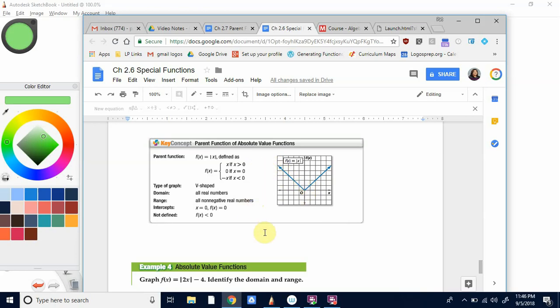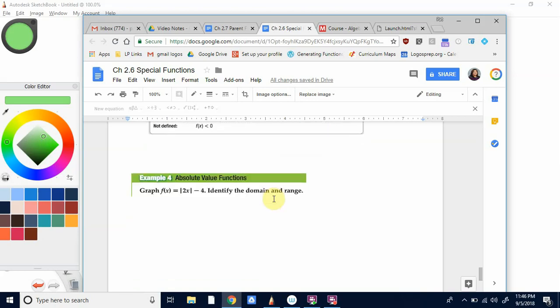The range is going to be all non-negative real numbers, or simply y greater than or equal to 0. And the intercepts are going to be at x equals 0 and y equals 0. They're at the origin. Both intercepts are at the origin. And it's not defined as a parent function when y is less than 0, because it goes with the range.